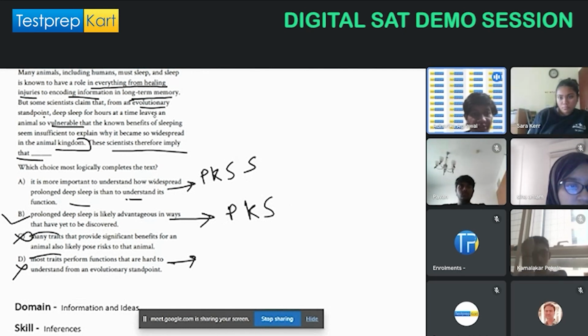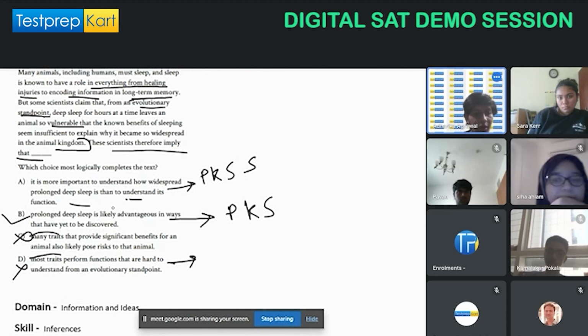They know that there are some advantages. So that's why option A is incorrect, because whatever has been mentioned there is already mentioned over here.